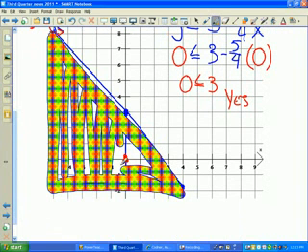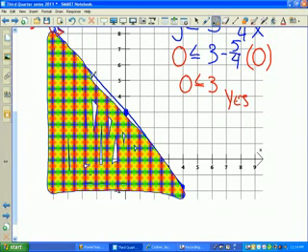We can sit here and color all day. All of this is getting shaded, so all the points on this side of the line are going to be true statements. Each and every one of them.